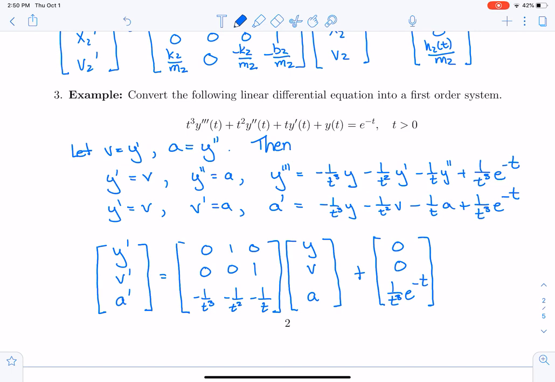So that's why we need t to be bigger than 0 here. Because when t equals 0, the coefficients of y, v, and a, and the coefficient of e to the minus t, are not continuous.